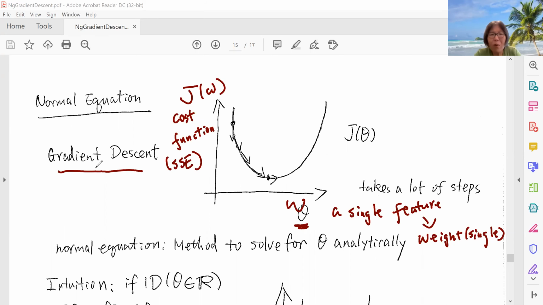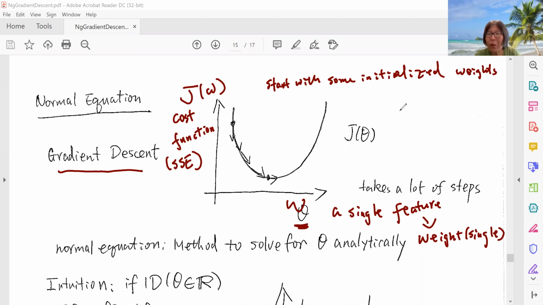The basic concept of gradient descent is you start with some initialized weights, and then you keep updating the weights.